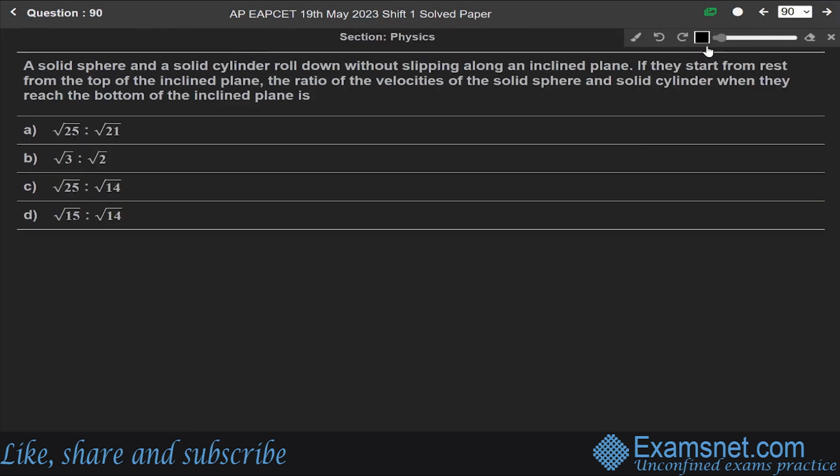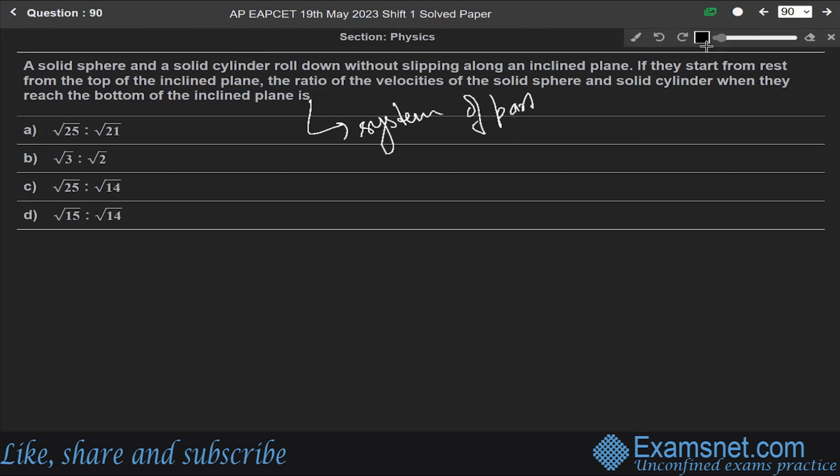A solid sphere and a solid cylinder roll down without slipping along an inclined plane. If they start from rest from the top of the inclined plane, the ratio of the velocities of the solid sphere and solid cylinder when they reach the bottom of the inclined plane is. So first of all, this question is from the chapter of system of particles and rotational motion again.